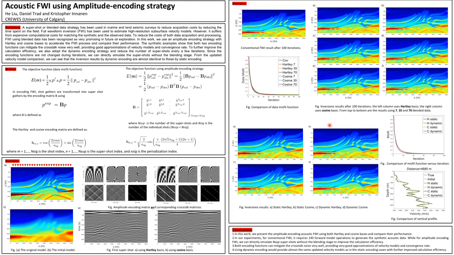Likewise, we use 14 and 7 super shots for 25 iterations each. So overall, we also updated the velocity model 100 times.